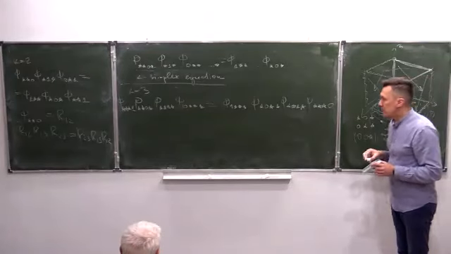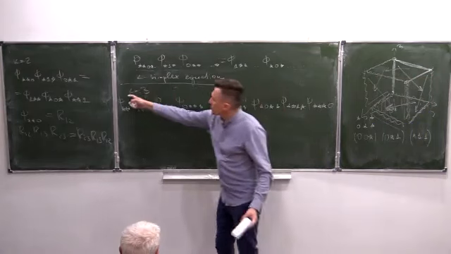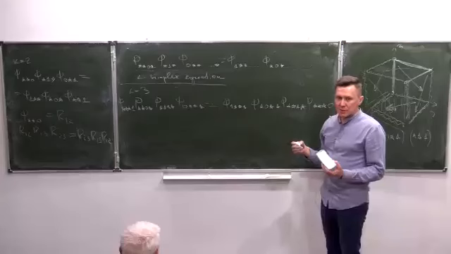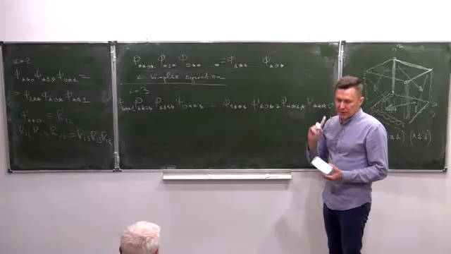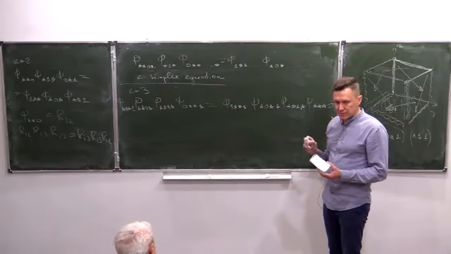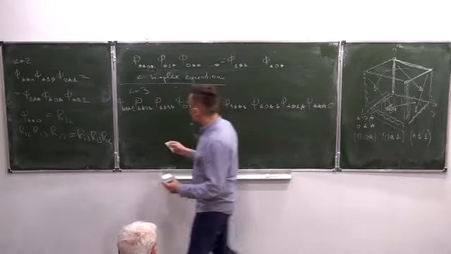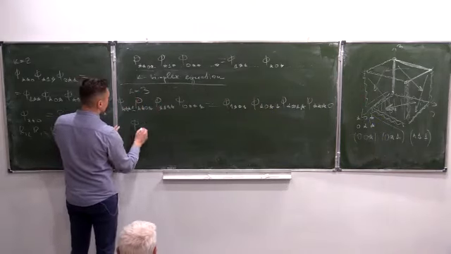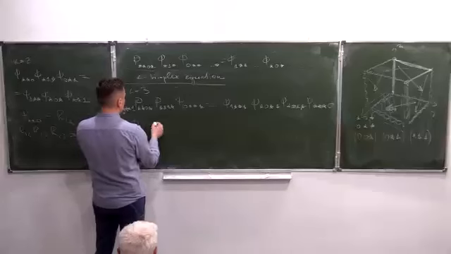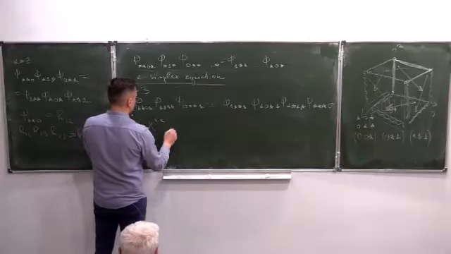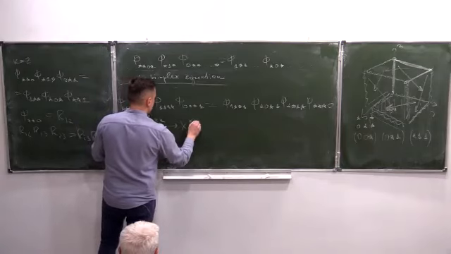If you remember, in this case, phi is applied to colors of two faces. It was a map phi. It is a map of x power k to x power k.